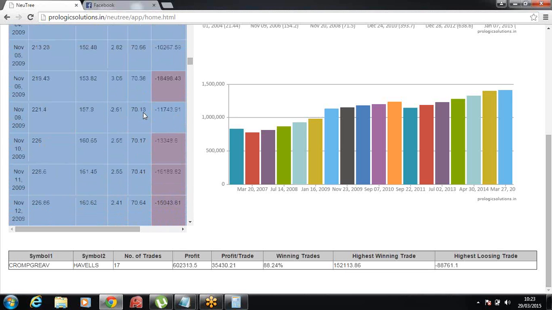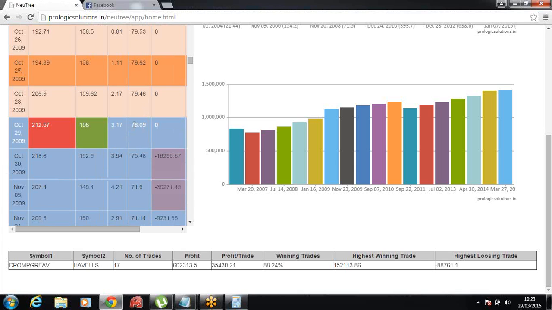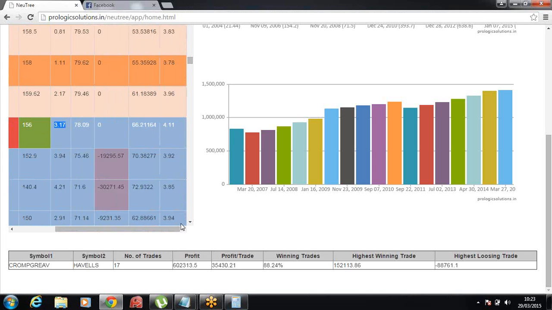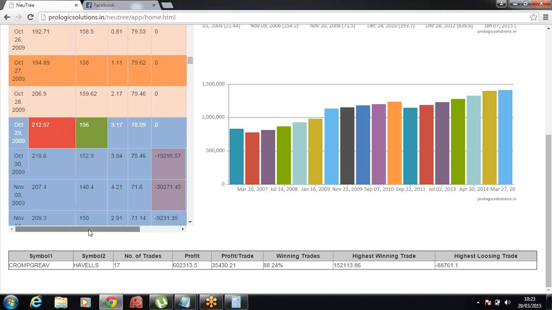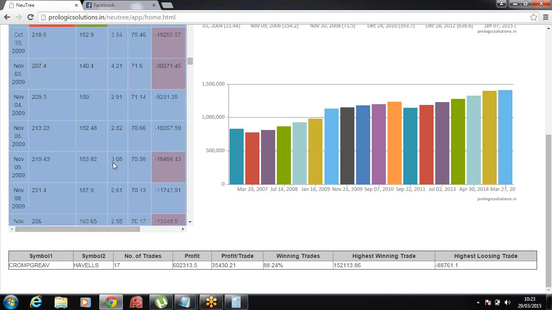So there is another trade here. 78% is the correlation, 3.17 is your Z-score, 66% somewhere near to that, 4% is highly volatile. So when you have this 4 or 5%, try to be a bit careful and try to exit with at least some nominal profits.